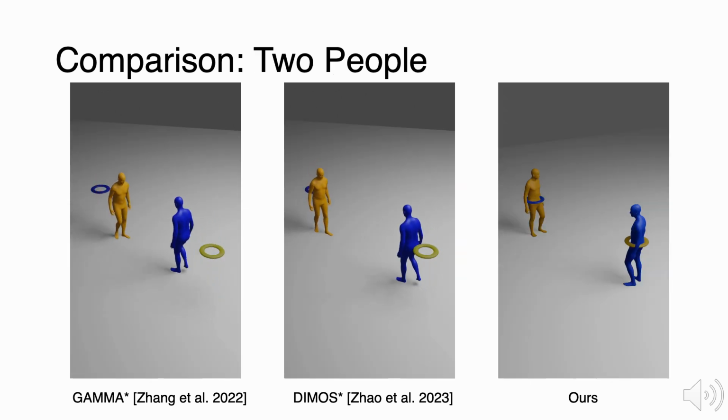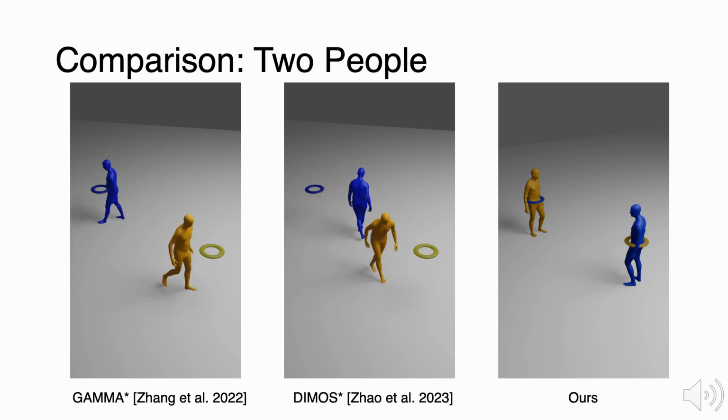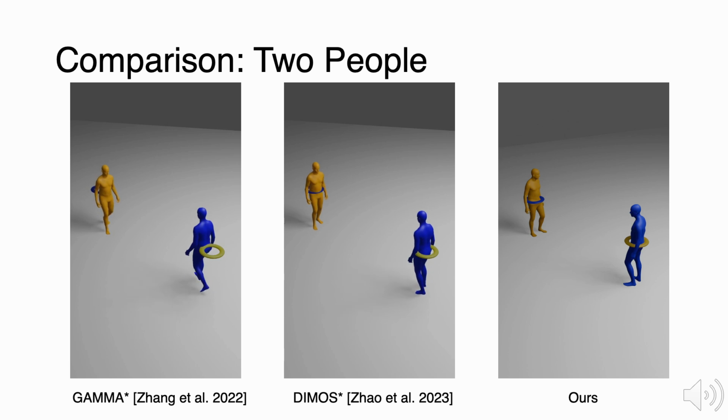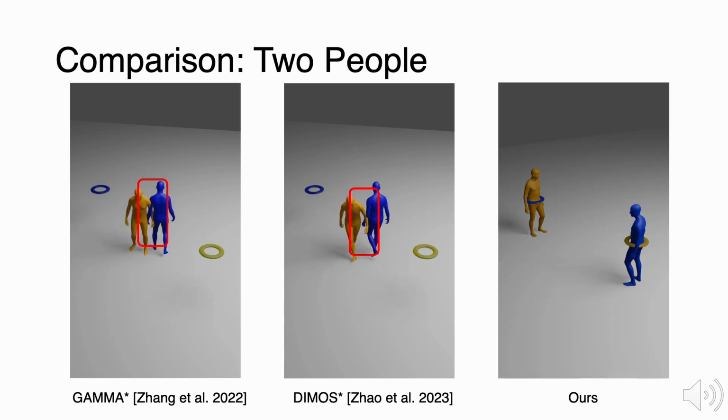Despite augmenting previous works with dynamic path planning, synthesizing realistic collision-free motion sequences for two people switching locations remains challenging. However, our method demonstrates the ability to generalize, even though it is only trained in static scenes.